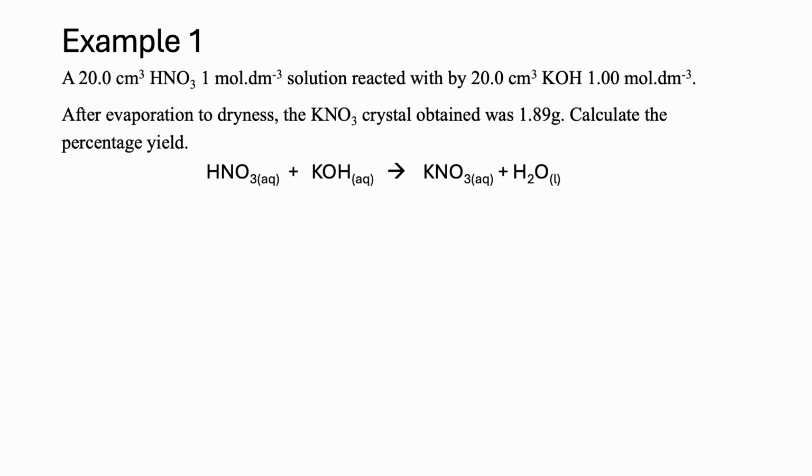Okay, we have this equation. We already know that they are both limiting reactants. It is optional for you to put it into an ICE chart, but I prefer to do it.